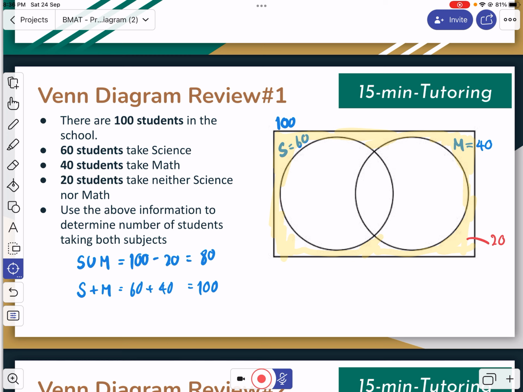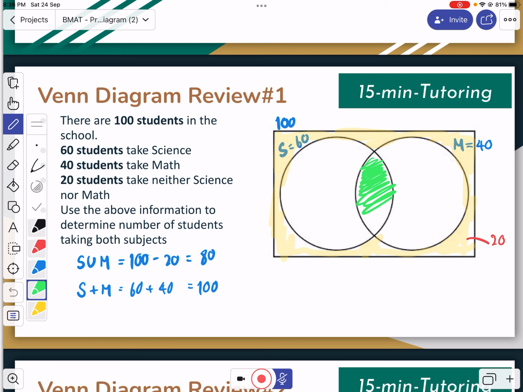Well, actually, the number 80 people is right, and the number 100 people is wrong. Why is it? Because if we take the S and we add it to the M directly, we are essentially double counting people in the overlap area. So these are people who take both subjects. And that is the reason why we have 80 here and we have 100 here.